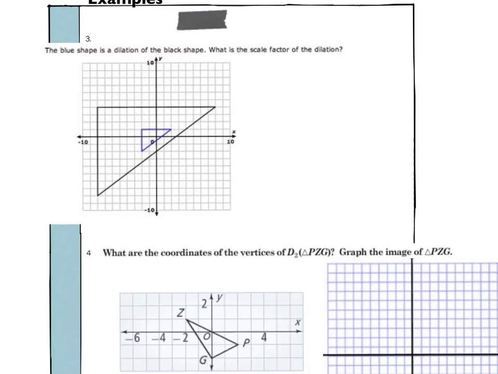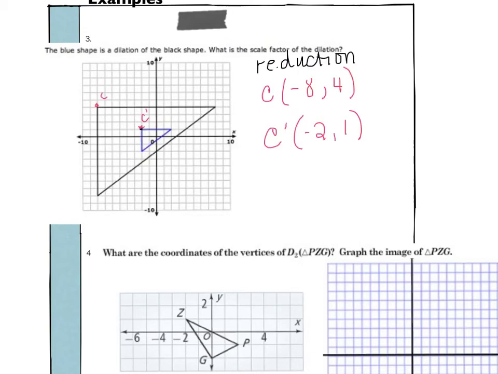Question number 3 says the blue shape is a dilation of the black shape. What is the scale factor of the dilation? So here, this is very clear. Again, we're starting with a larger shape. We're ending up with a smaller one. So that means this is going to be a reduction, and we're looking for the scale factor. Here is the point that I picked to use. I picked C on the original pre-image and C prime here, and I wrote down the points, negative 8, 4, and negative 2, 1.